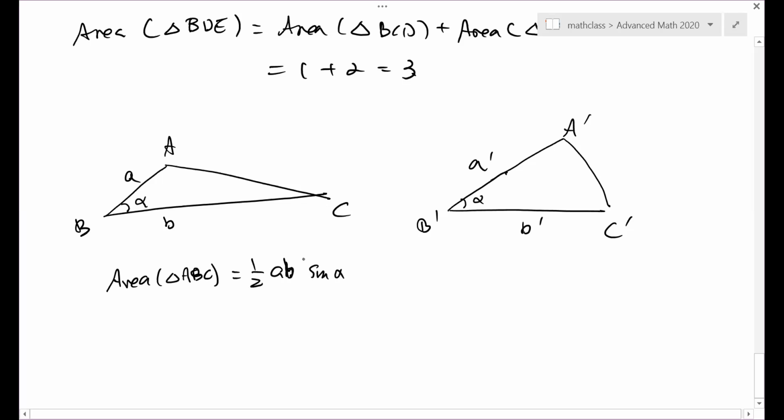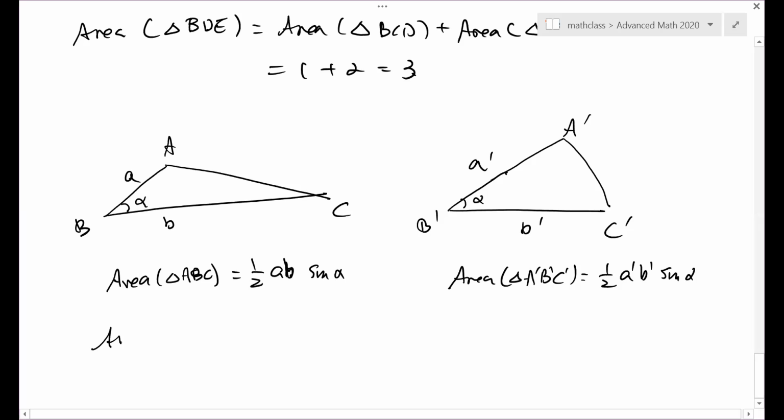We don't need to understand what sine alpha is. It's a value that depends on the size of the angle. And for the same reason, the other triangle has A prime and B prime with the same alpha.